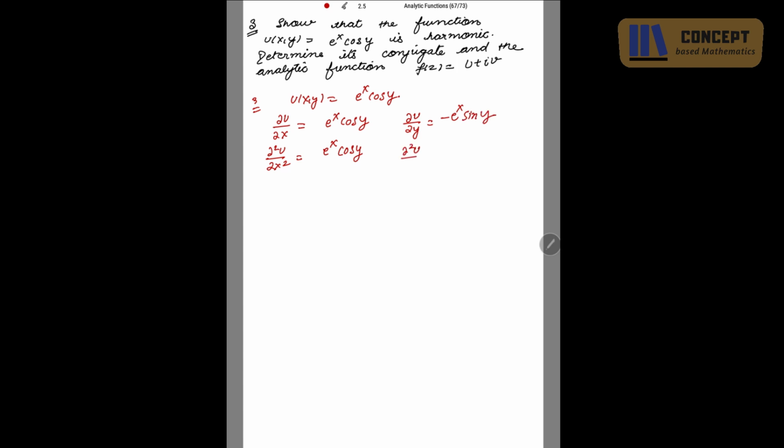And del square u over del y square is minus e to the power x cos y. If we add these two, the terms will cancel out and the sum is 0, that is, Laplace equation is satisfied. So u is a harmonic function.